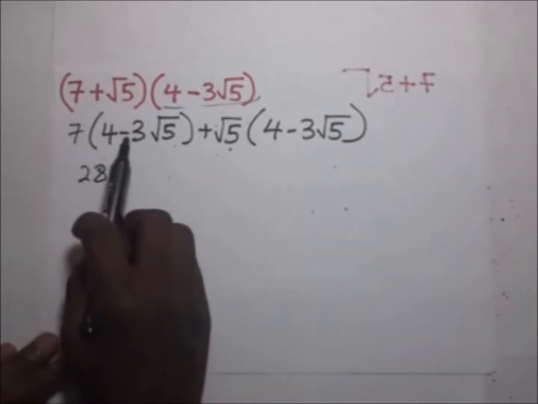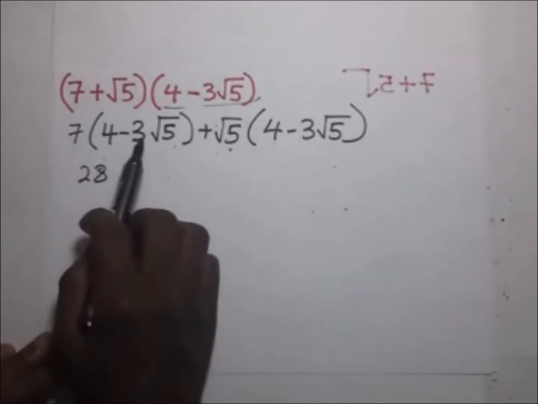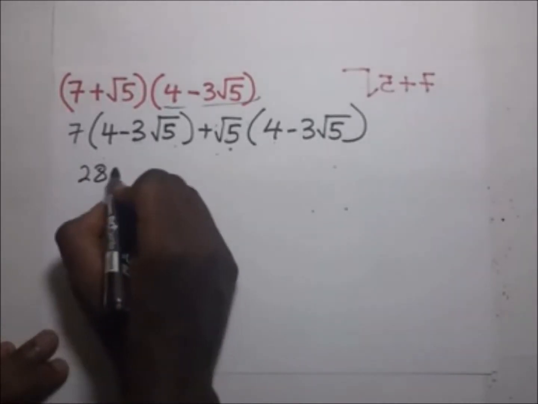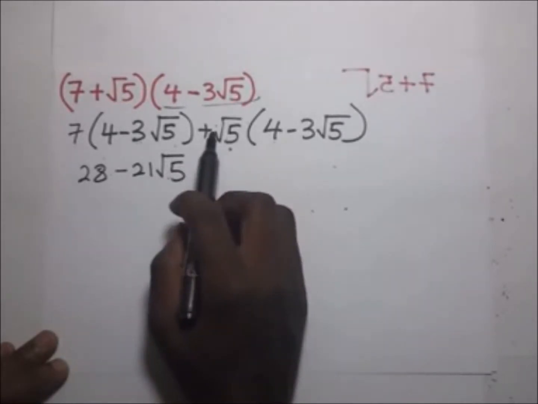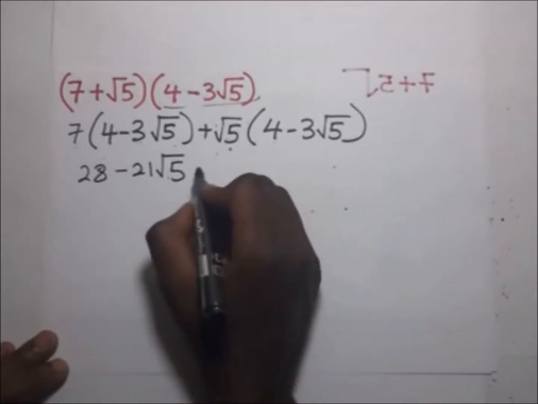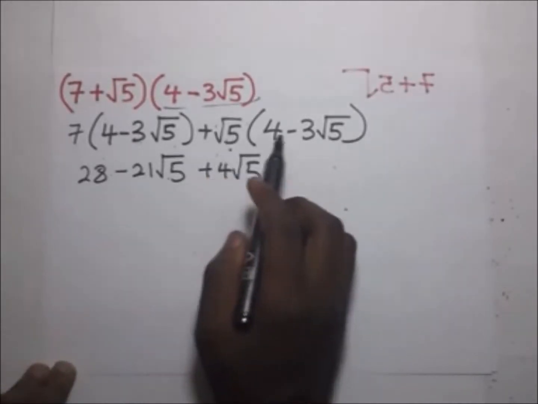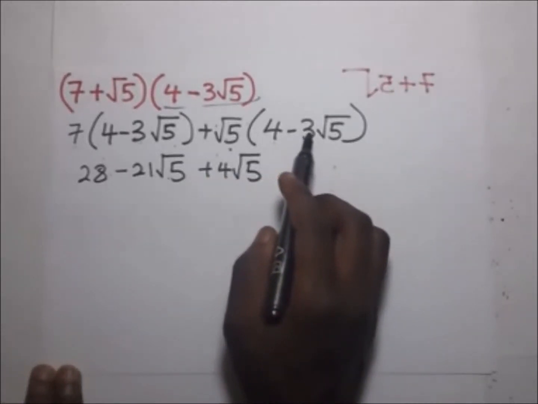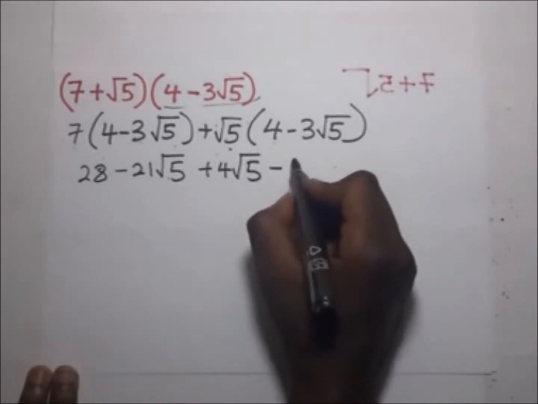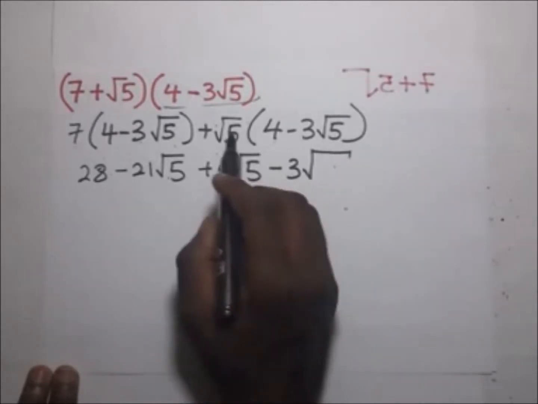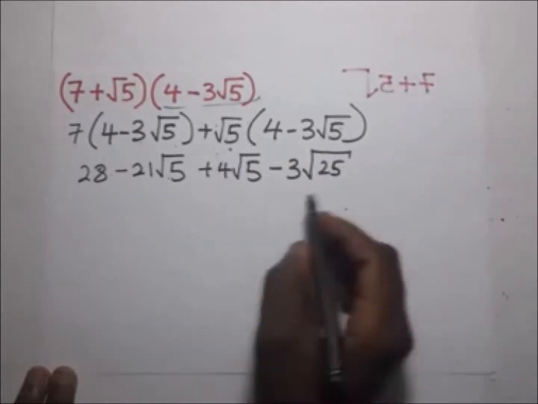Then 7 times negative 3√5 gives minus 21√5. Then √5 times 4 gives plus 4√5. Then √5 times negative 3 gives negative 3 times √5 times √5, which is √25, which is 5.